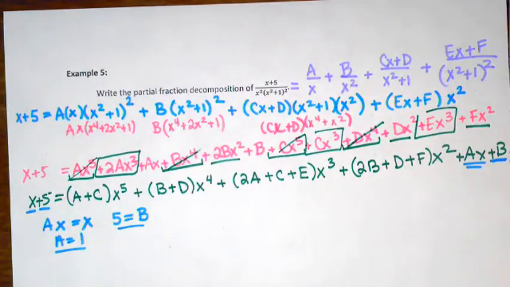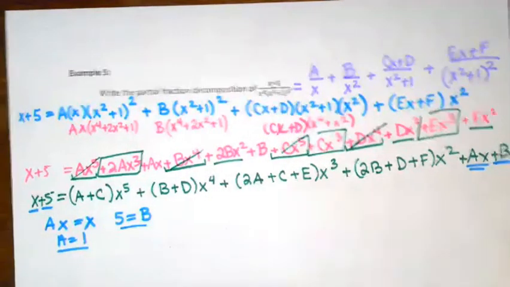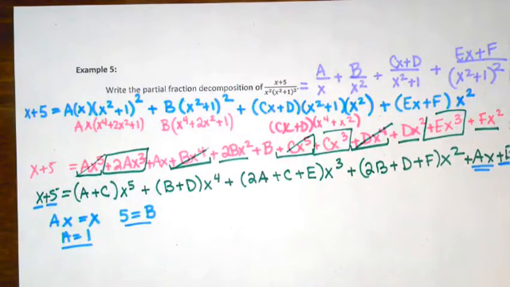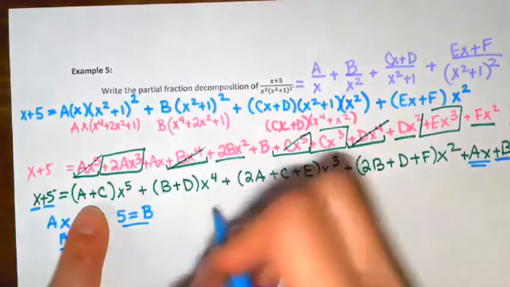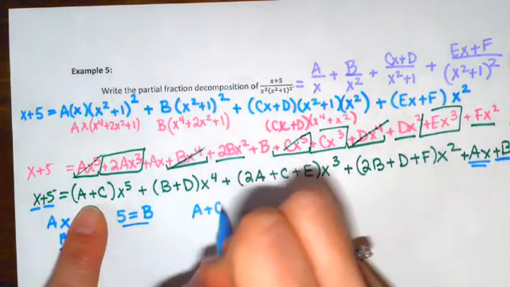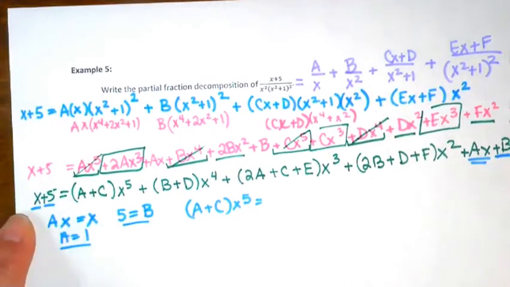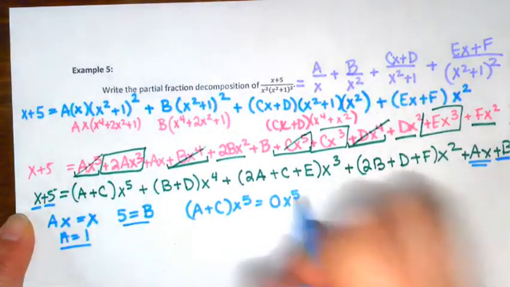Now, do I see any quantities that just have a or b with one other letter? Don't I see this a plus c times x to the fifth? What is that going to equal? Do I have an x to the fifth on the left-hand side? No, so wouldn't that be 0x to the fifth?